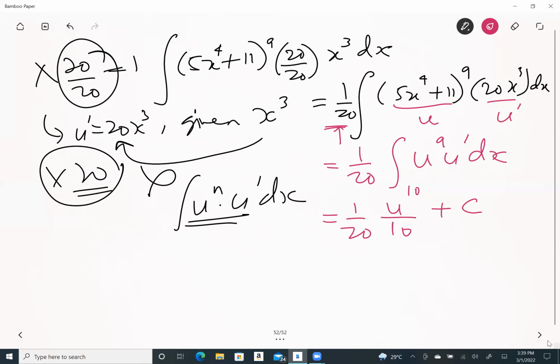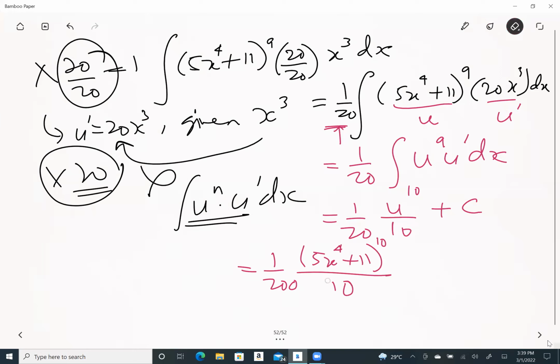And now you put back the U. What is U? U is the term 5x to the power of 4 plus 11, everything to the power of 10 divided by 10. We already multiplied by the constant, so you don't need that division anymore.